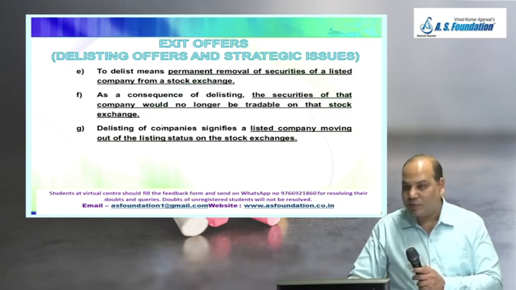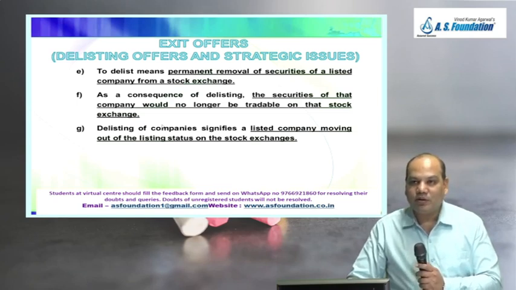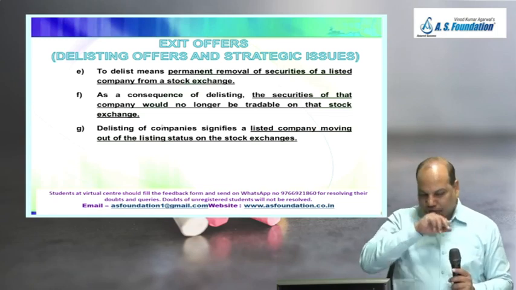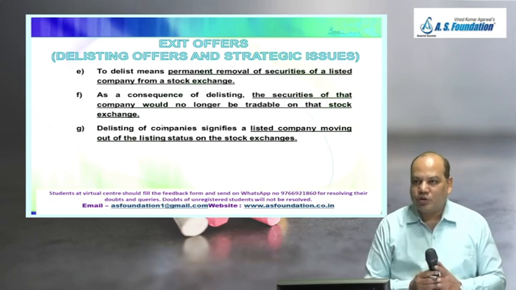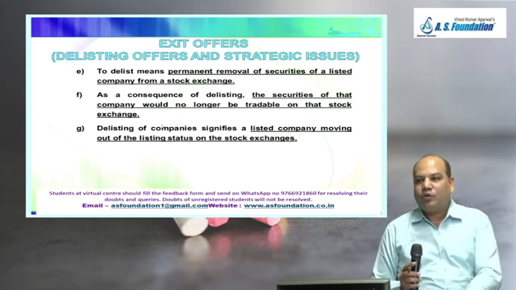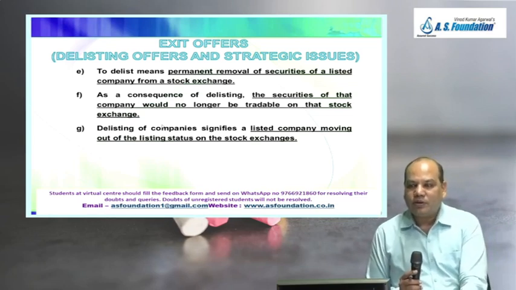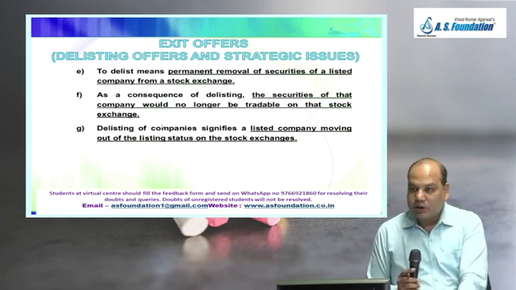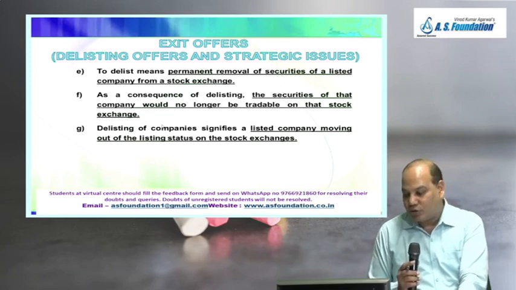If you are not able to comply with that requirement, then the company might be delisted. And then many other disclosure requirements are there, submission of forms are there. If you are not able to comply with those requirements, a company can even be compulsorily delisted by the stock exchange.